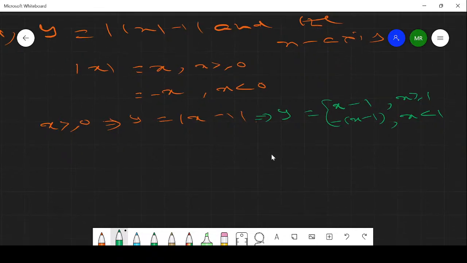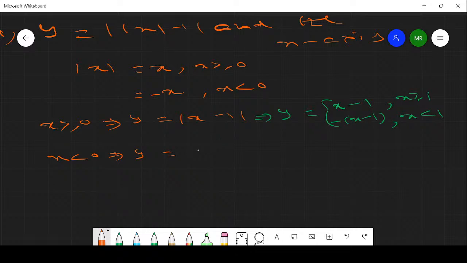Similarly, you can think when x less than 0. Whenever x is less than 0, I can write y is equal to mod x minus 1, because already you know that when x is less than 0, mod x equals minus x.